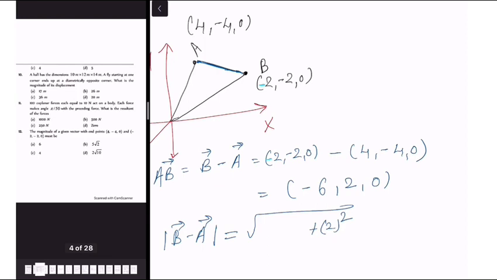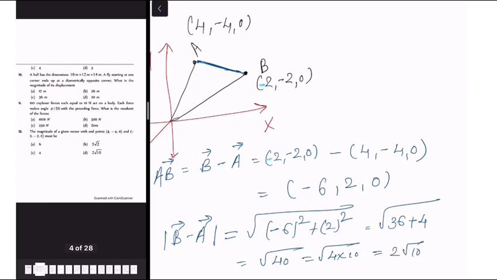So here minus 6 square, which is 36 plus 4, root 40. Root 40 can be written as 4 into 10. Square root of 4 is 2, root 10.